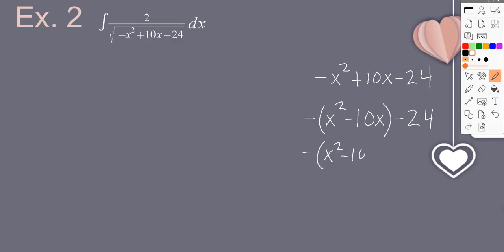B over 2 squared. Okay, what is b? 10. Almost. Negative 10. Negative 10 divided by 2 gives us a negative 5.